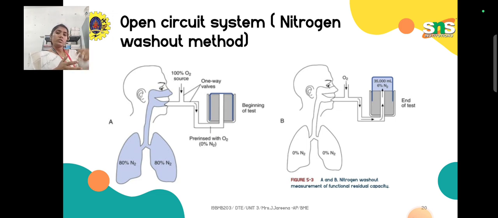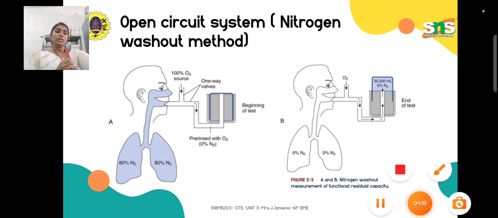From the amount of nitrogen we take out, we come to know the residual volume. That is the basic concept involved.